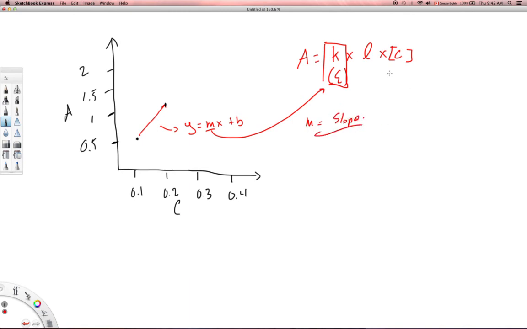And that's really handy because now I can put an unknown sample in. I don't know the concentration. I can just put it in, measure, and let's say that I get 2 here. This is the A that I get. Well, I can plug that 2 into this equation, and I know m.